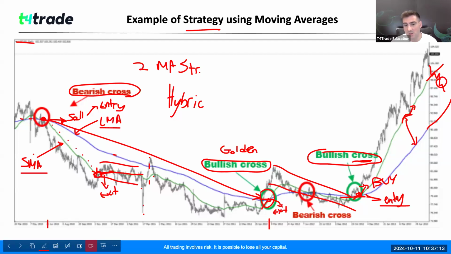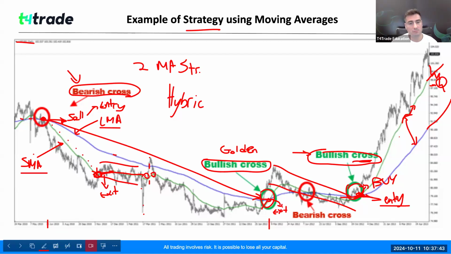So in this case, you go long here and wait for the next signal, that signal being the next crossover, which is not going to be bullish. Actually, it's going to be bearish. This is the signal for you to exit the position after you have entered here using the golden cross as an entry, or whenever you have seen a break above the moving average of your choice, the short-term moving average in this case, which may be something like this.